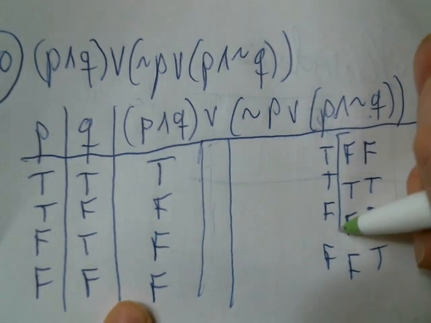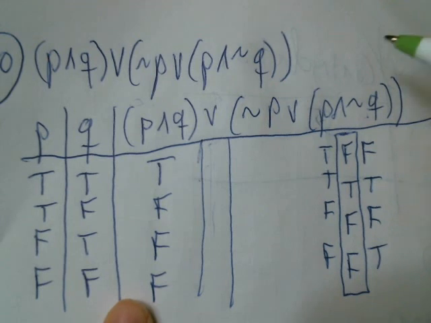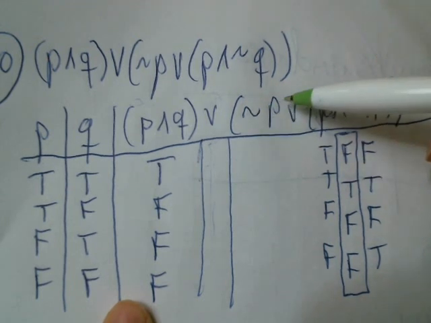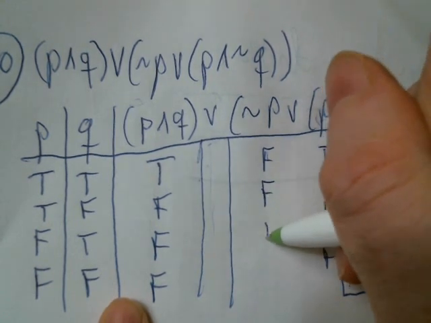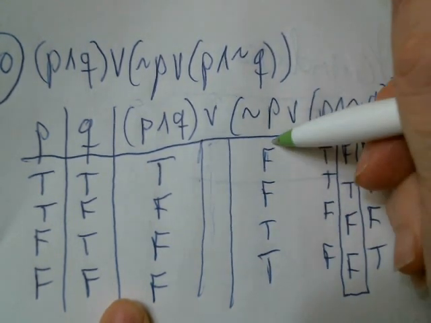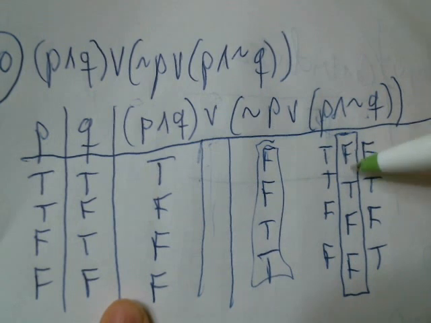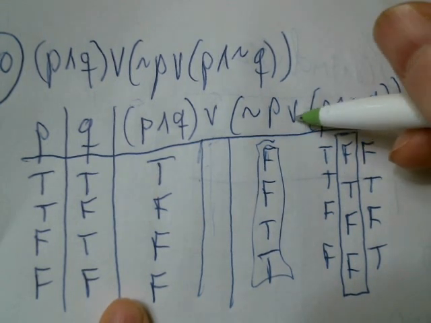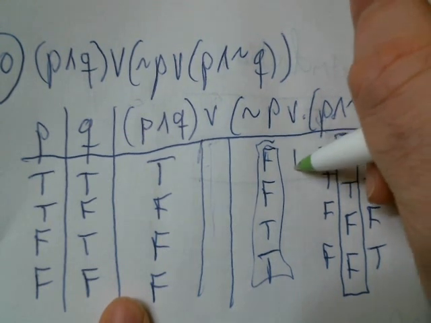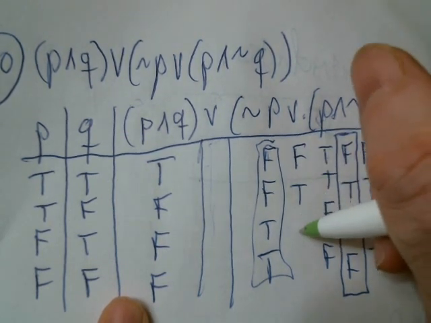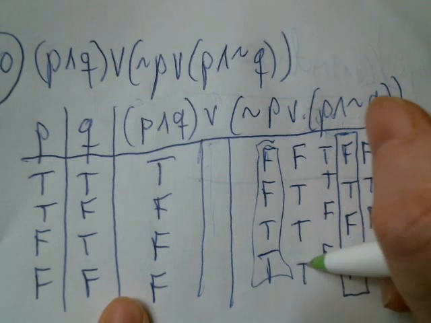And that's that part. Then over here, I have to do a negation on P, so that'll be false, false, true, true. Then I'm comparing this column with this column using the disjunction, and that'll be true when either one is true. So this is false, true, true, true.